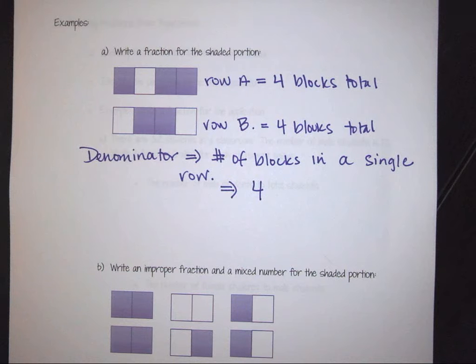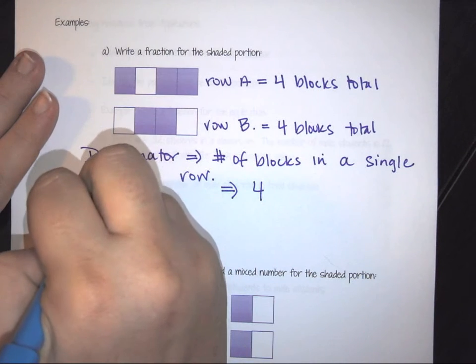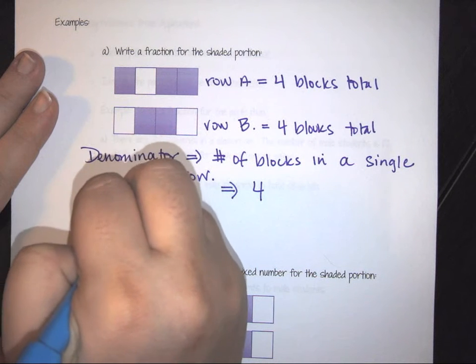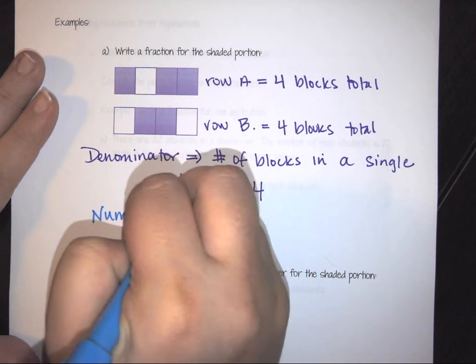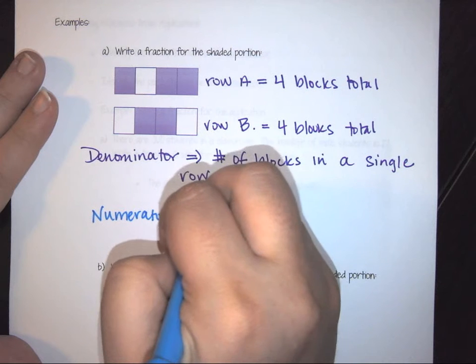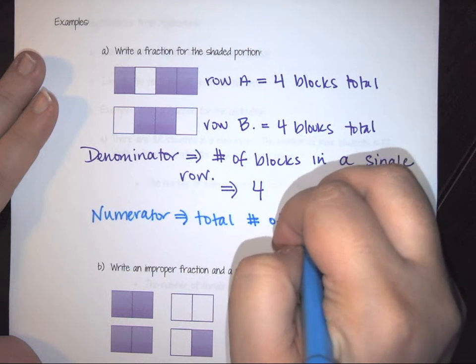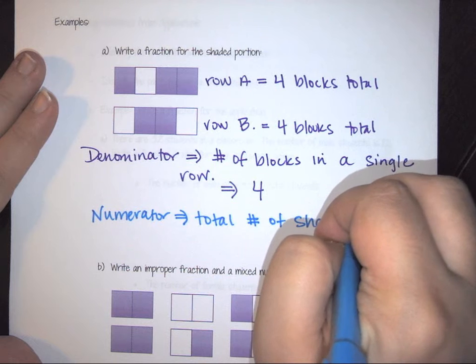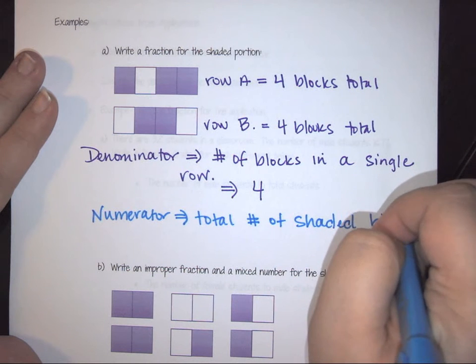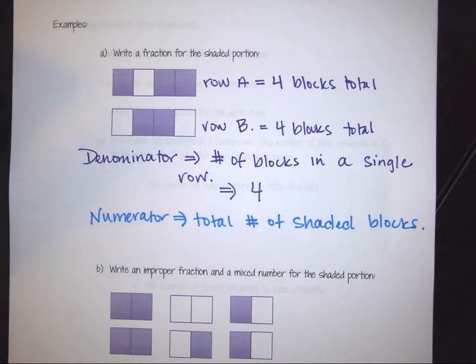Now, if we talk about the numerator, your numerator is going to come from your total number of shaded blocks. So shaded blocks usually means the ones with color.